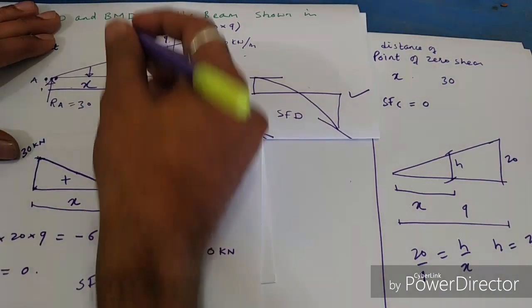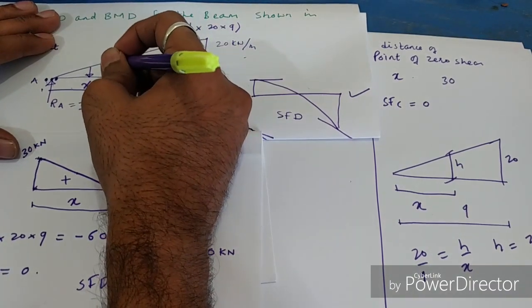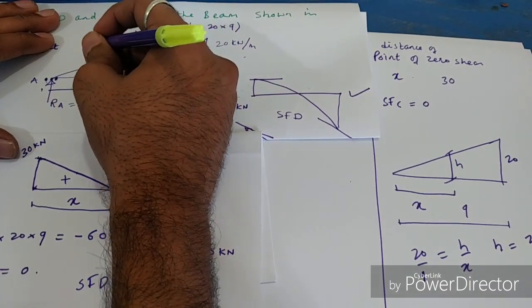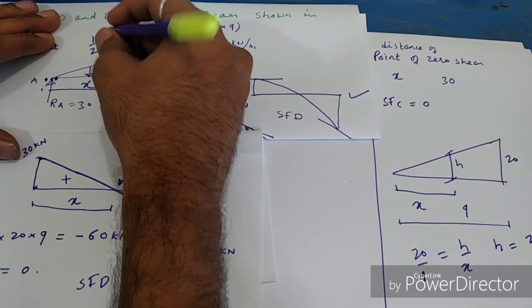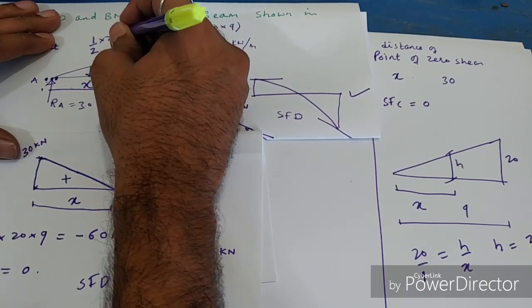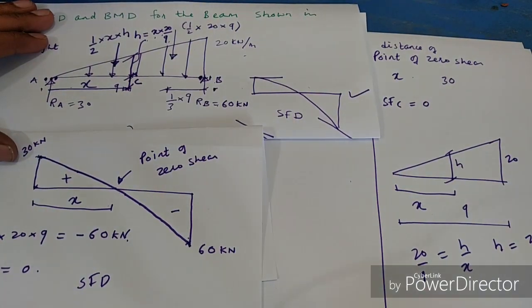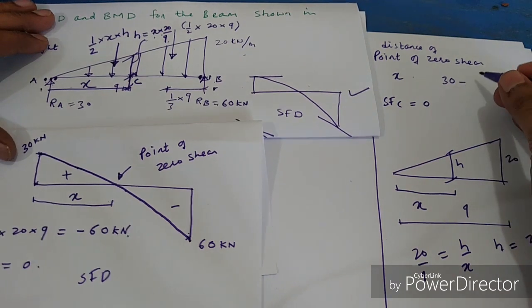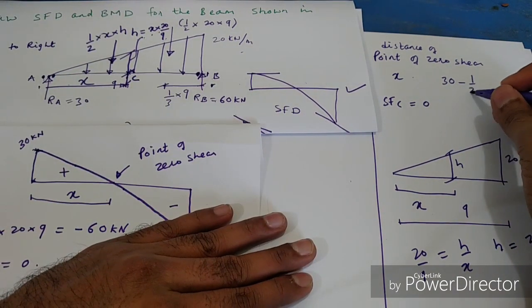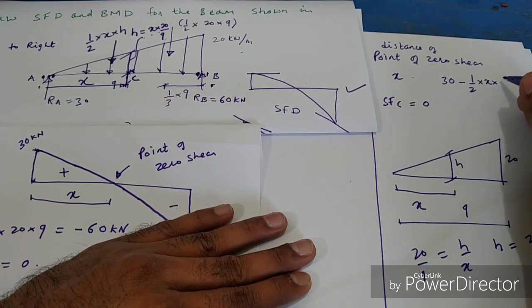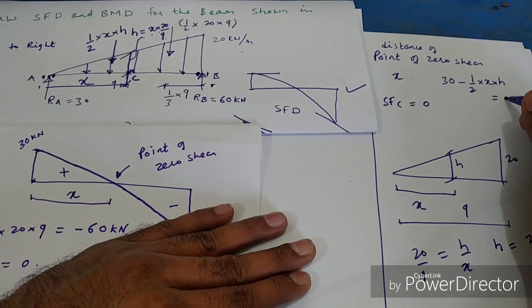So total load of it will be acting at this point, and total load is area of that UVL, half into x into h. So minus, because it is going downward, half into x into h equal to 0.